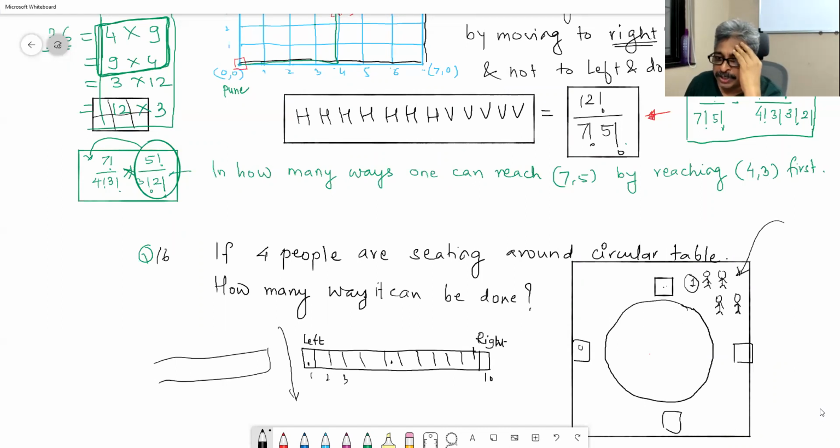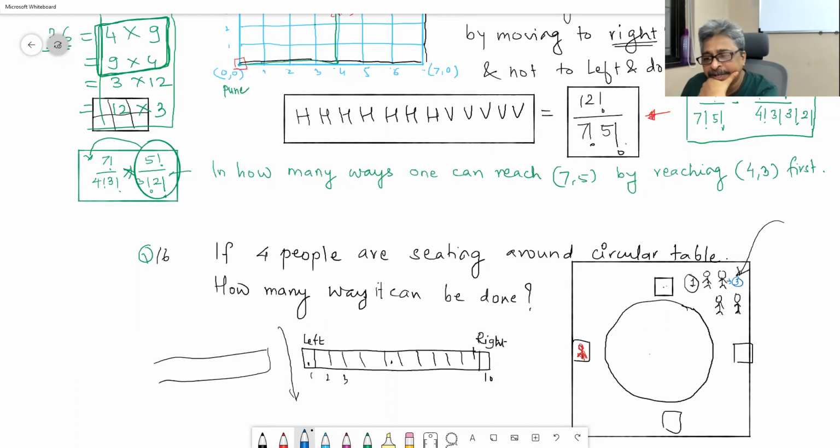Suppose he goes and occupies this seat. He is the boss. Then the second person who wants to sit has a choice whether to sit opposite the boss, to the left of the boss, or to the right of the boss. So the second person has 3 choices.